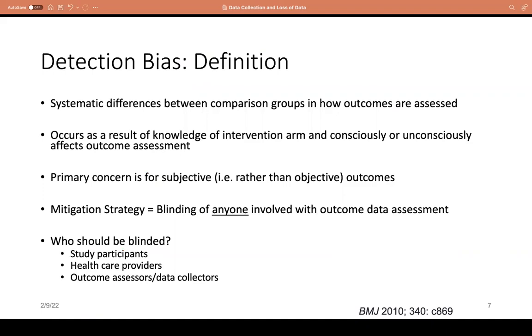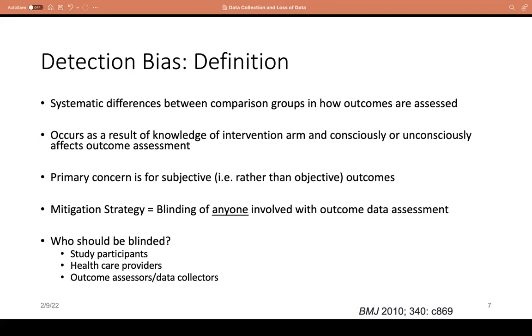Again, we're referring to systematic differences between comparison groups in how outcomes are assessed. This typically occurs as a result of knowledge of what intervention arm people are on, and this can consciously or unconsciously affect your outcome assessment.